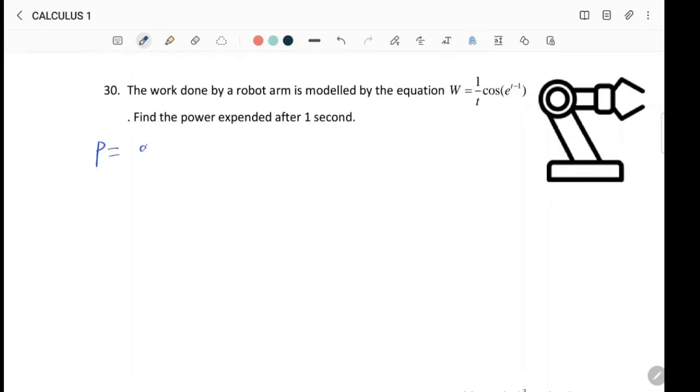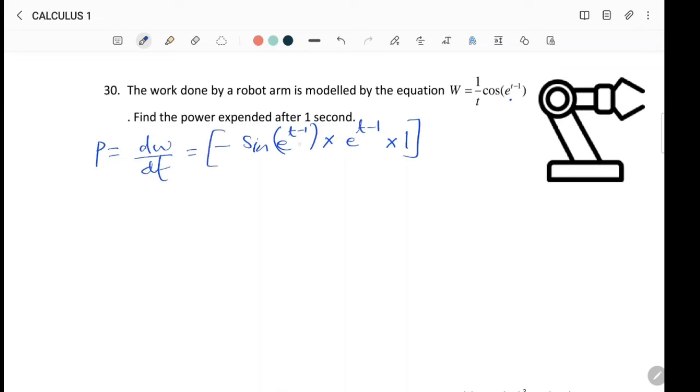So power is dW over dt, so just differentiate that. The quotient rule we have to apply. So cos differentiation is minus sine, e to the power t minus 1. Then we have to differentiate e to the power t minus 1, then differentiate t minus 1, which is 1.